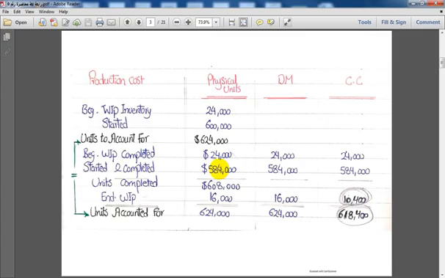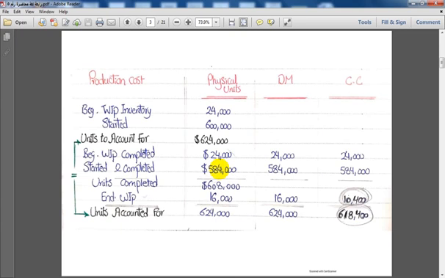Completed 608,000. And the second element, ending work in process, to complete the total number. Units accounted for 624,000.